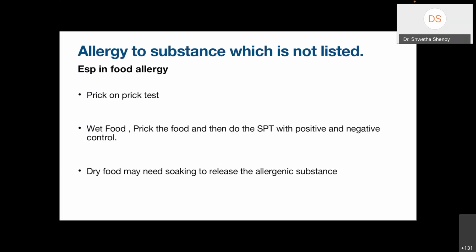So it has to be a pure form food. You can't have an entire curry and say let's check the curry. No, you have to break it down into ingredients. Dry food may need soaking to release the allergenic substance. So this is a way to do it, very rarely, when you have to answer a question about some particular thing that they're asking you about.